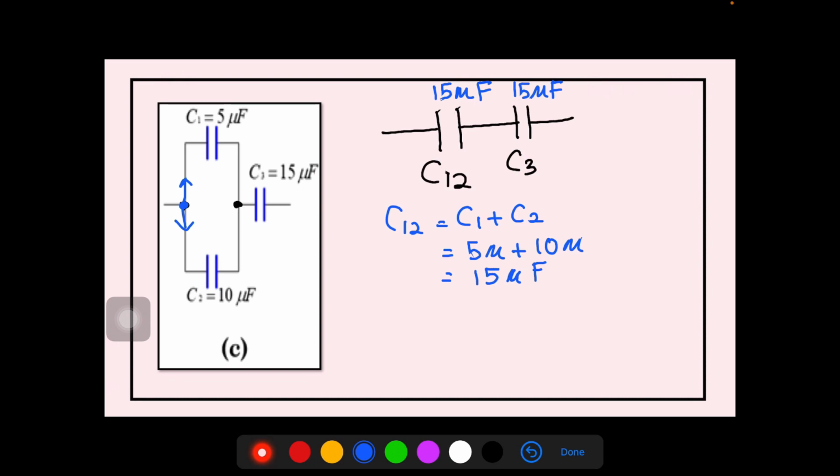So how to find C equivalent? C12 and C3 are connected in series.